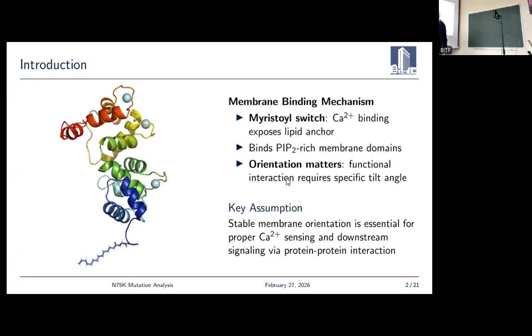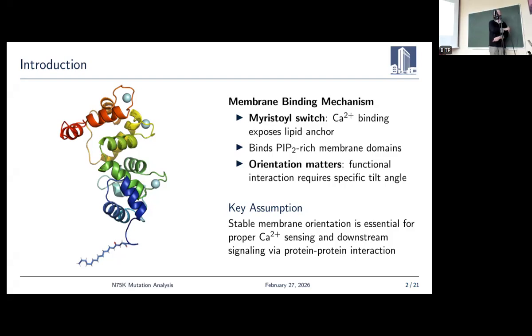On this EF-hand domain, this is the second EF-hand domain, this is third, this is fourth. And it's a substitution from polarized histidine H to positively charged lysine K.